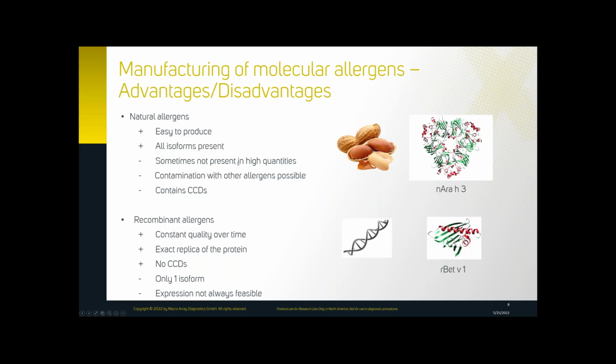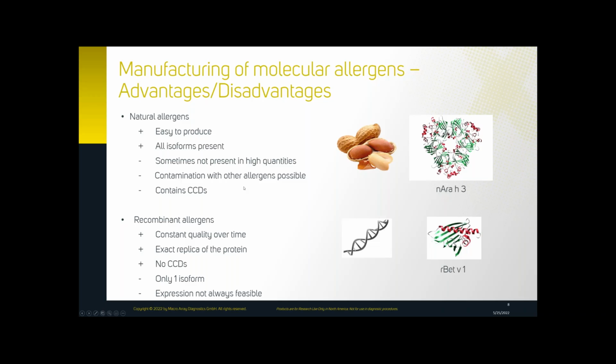However, some allergens might not be present in high quantities, so you might need kilos of peanuts to purify one single protein. You have to be very careful that no contamination with other allergens from peanuts will be there, and natural molecules can contain CCDs.